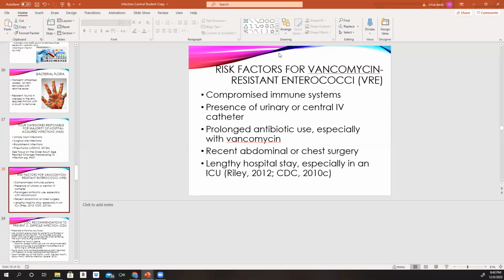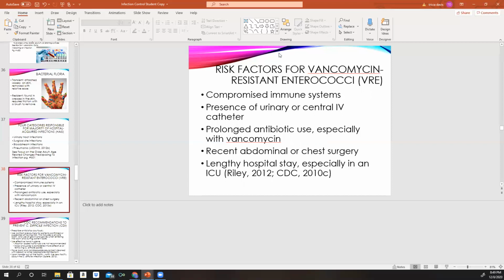So vancomycin-resistant enterococci, VRE, is a very serious pathogen that we find in hospitals. They are found in normal intestinal and genitourinary tracts, and they cause hospital-acquired infections with a very high mortality rate if the organism becomes vancomycin resistant.